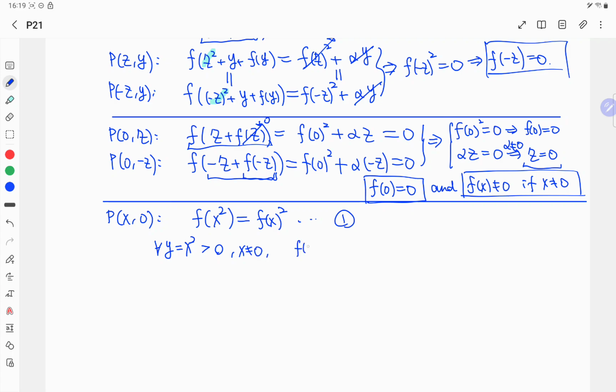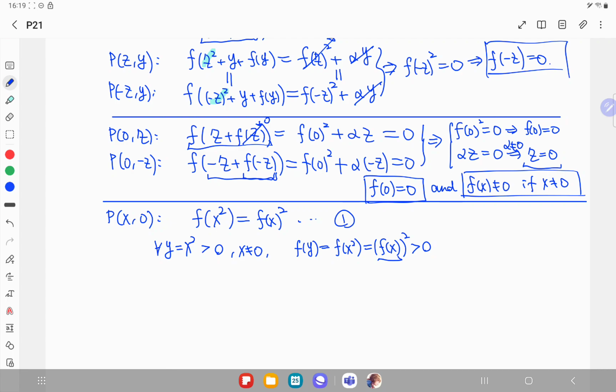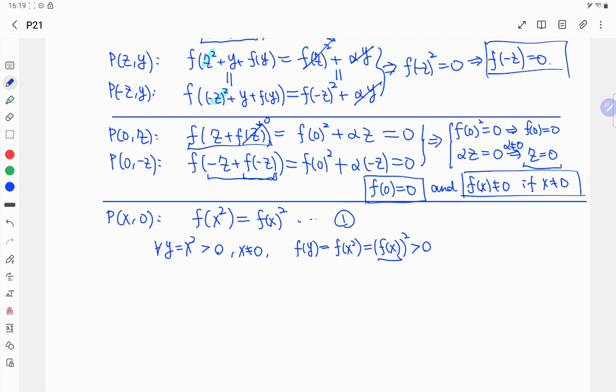In such a way, f(y) is equal to f(x²), which is f(x) quantity squared, and this value must be larger than 0, because x is not 0, so f(x) is not 0 either. So here we have f(y) is strictly greater than 0 if y is greater than 0.